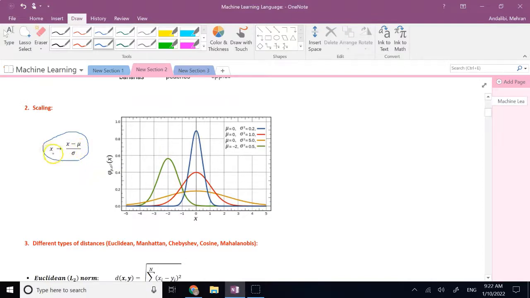Here, if this modified x is 3, what does that 3 mean? It means your original x was what? Was mu plus 3 sigma. So it means the data was 3 standard deviations away from the mean, right? If this modified version of it is 3. If it's 5, means 5 standard deviations away from the mean, and so on.